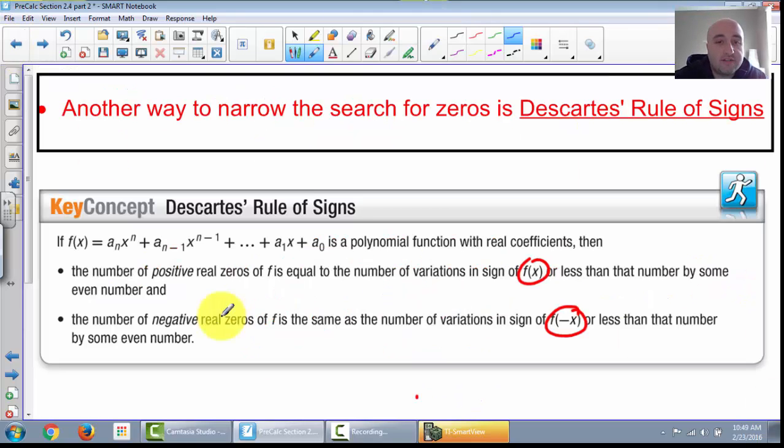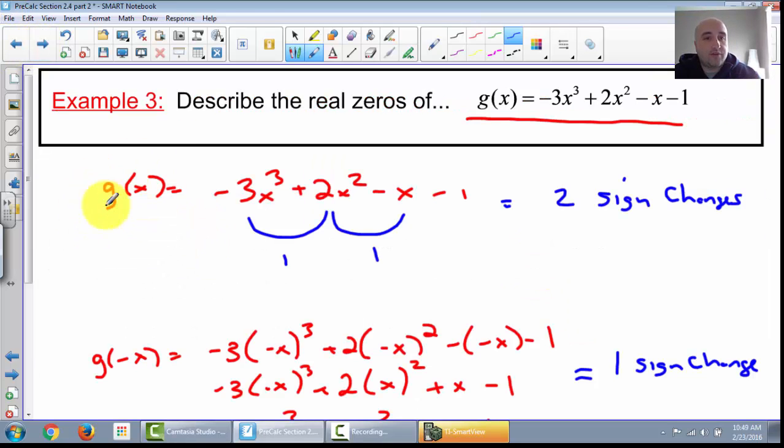All right, so let's go back to this fancy definition here. The number of positive real zeros of f is equal to the number of variations in sign of f of x. So for g of x, we had 2 sign changes. That means there are going to be 2 real positive zeros.